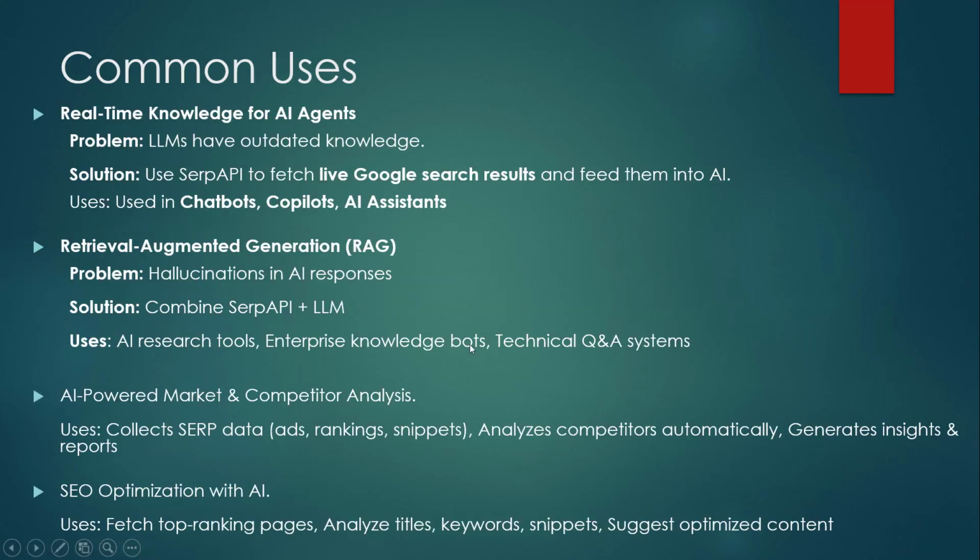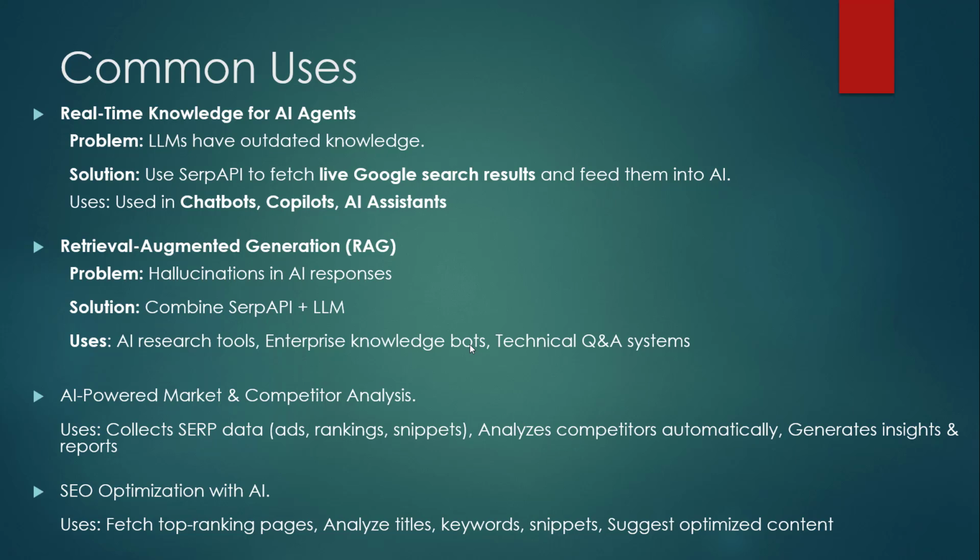Now comes the point where we can use the SERP API and why we use it. For example, we are building an AI agent, and that AI agent is definitely based on LLMs. That LLM is a model which has been trained, maybe on some older data, but we want to get real-time and updated data.